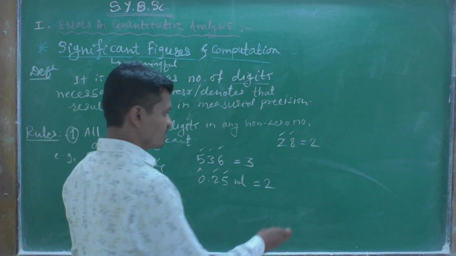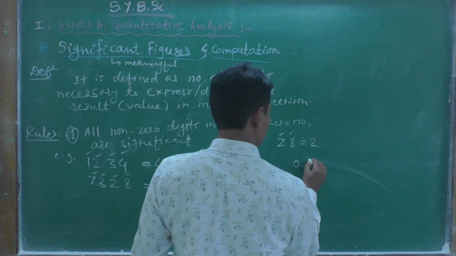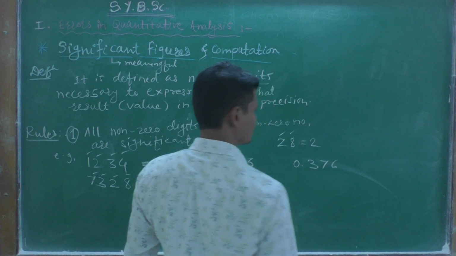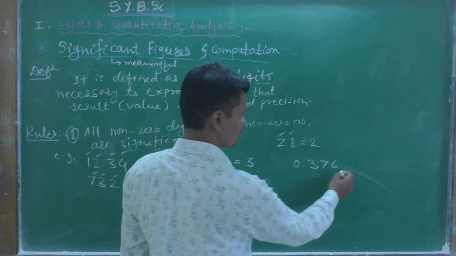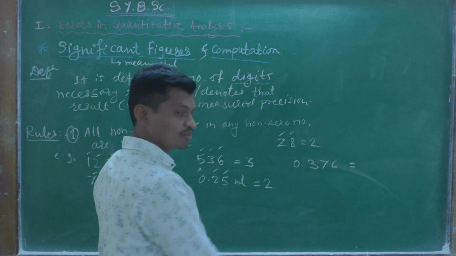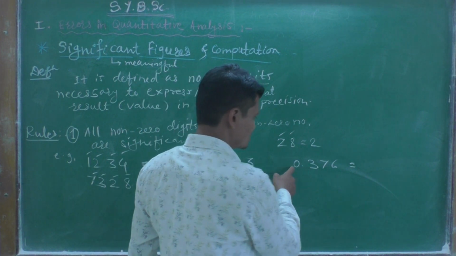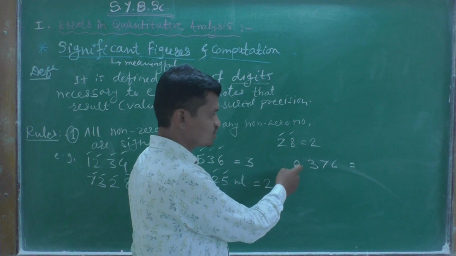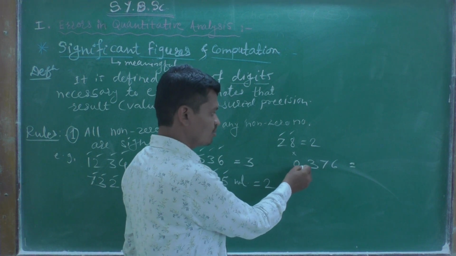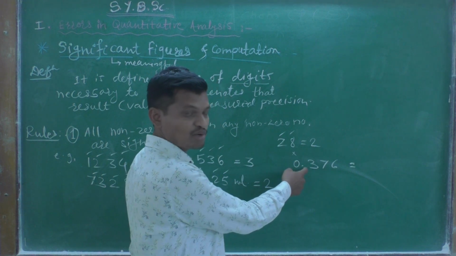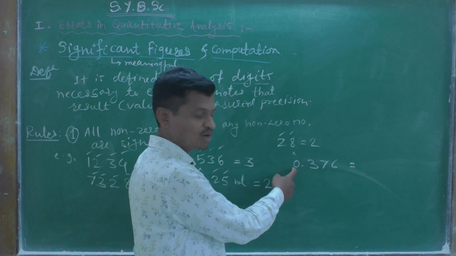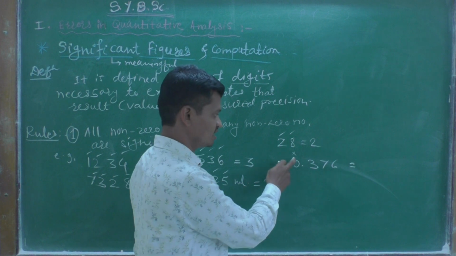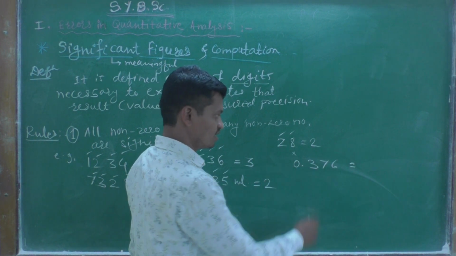Okay, then 0.376. Okay, so this is a non-zero number. This digit is 0, and it is before the decimal point, and hence it is non-significant.